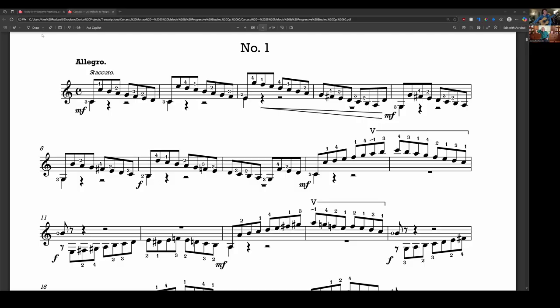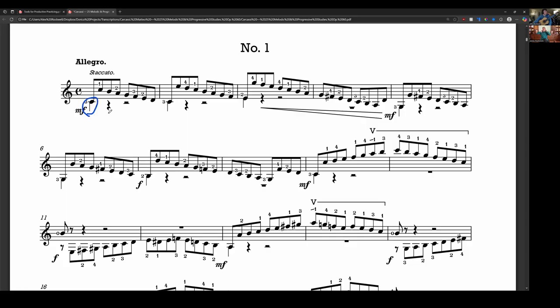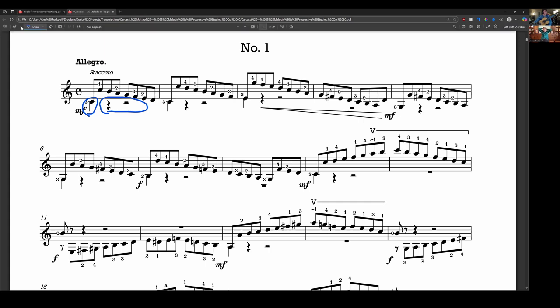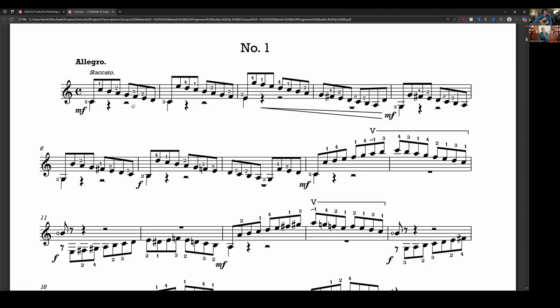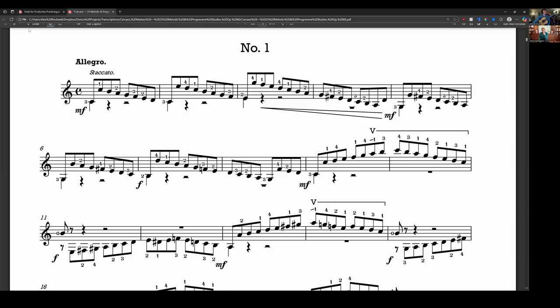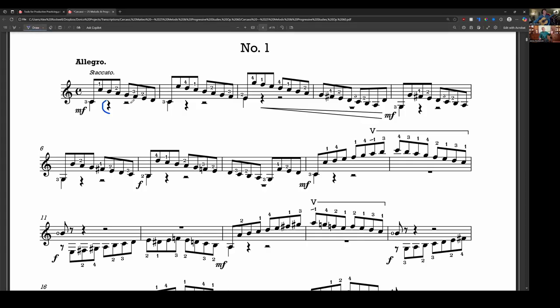If we look at just this first measure, we have this, and then we have this underneath. Three symbols instead of a whole note. This C in the bass could easily just be, just let it ring. But he didn't put these here by accident.